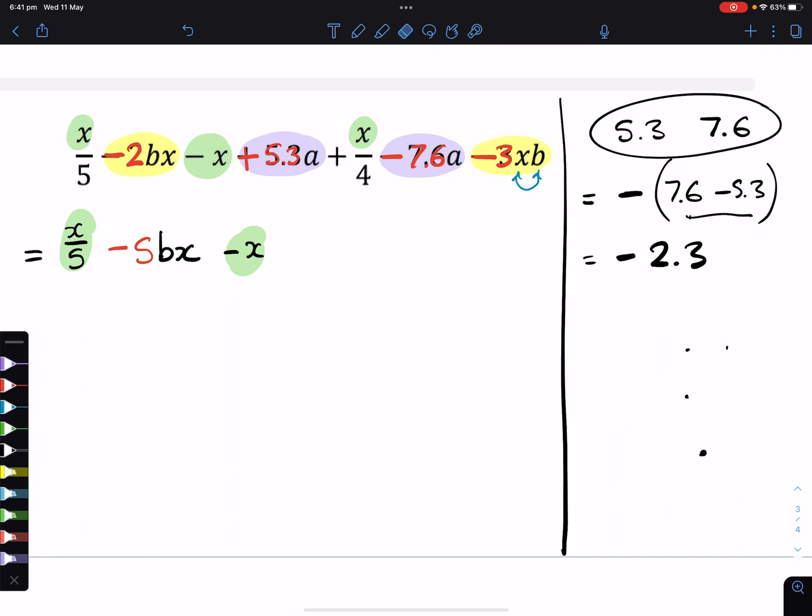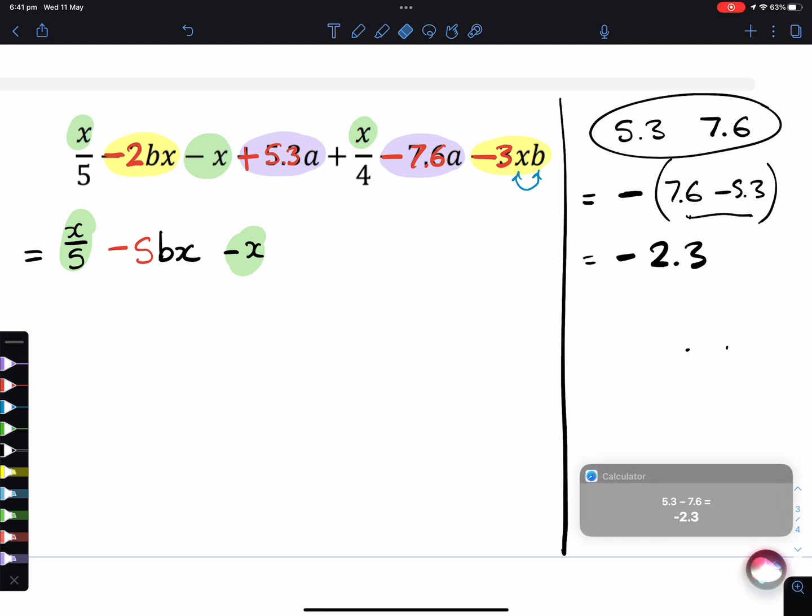If you don't believe me, we can check on the calculator here. It's just a trick that comes in handy. I don't use it all the time. It's only for these occasions where I can't really solve it the usual way.